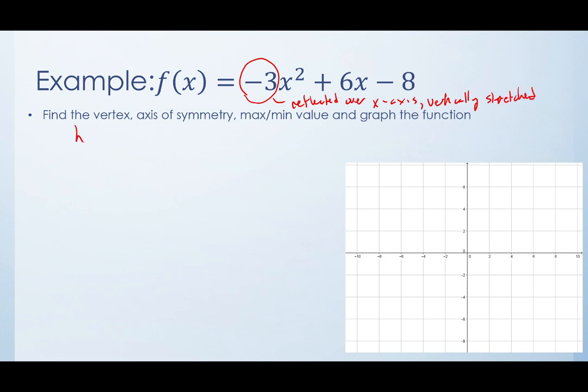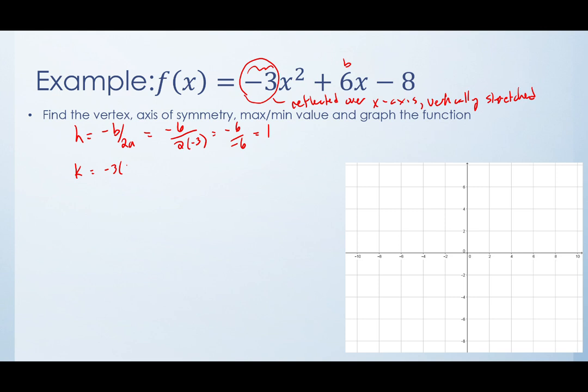So where's our vertex, our h location? Remember, negative b over 2a. So our b is 6, our a is minus 3. So we're at negative 6 over negative 6, which is 1. And then for our k location, we're going to just plug in 1.